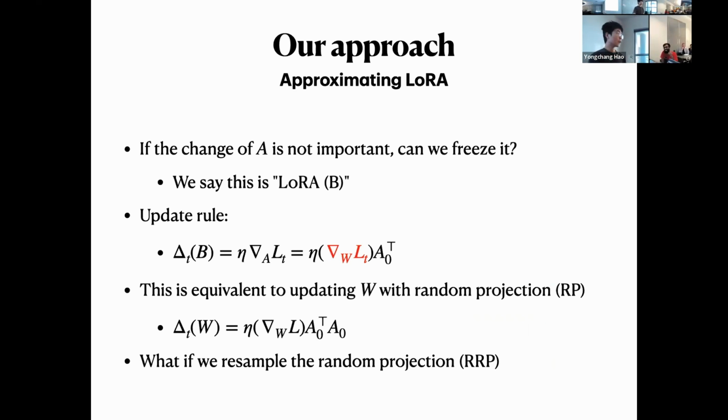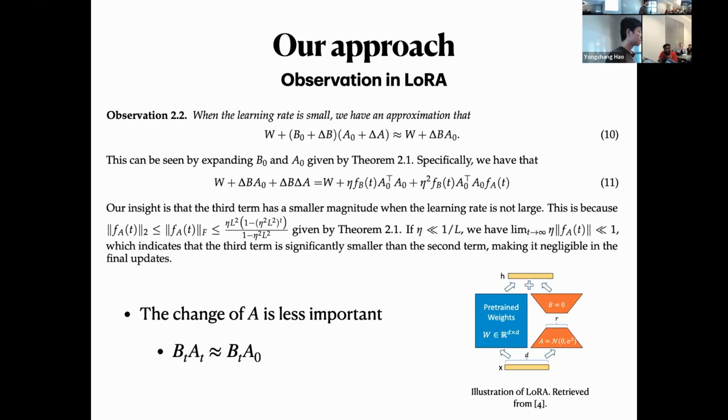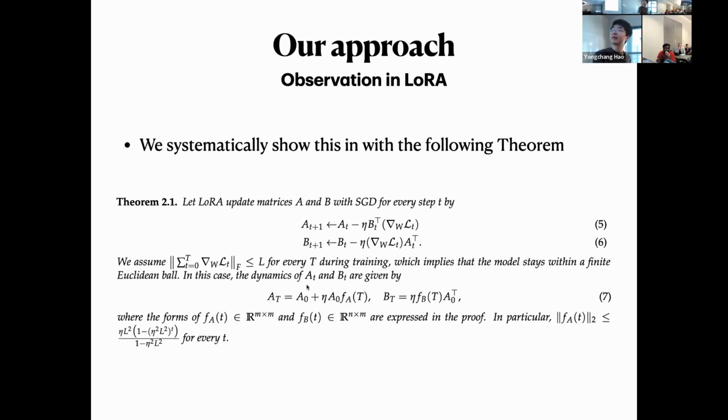One more thing. What is the magnitude of FBT? So FAT basically represents the difference between AT and A0, scaled by this learning rate and also the random projection, because they use the same random projection. You always find the space of A0 there, right? And FAT is basically the thing that you want to represent.